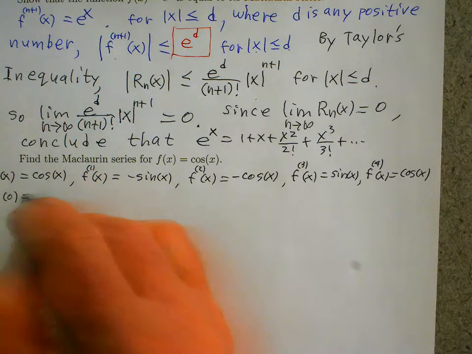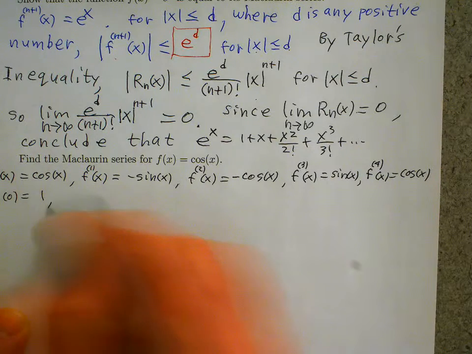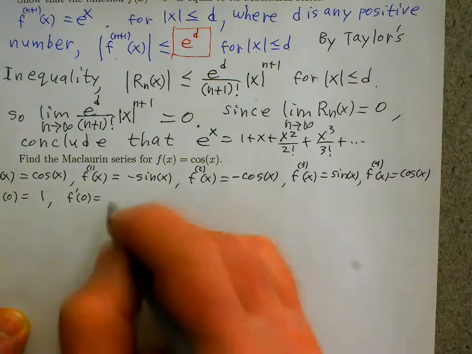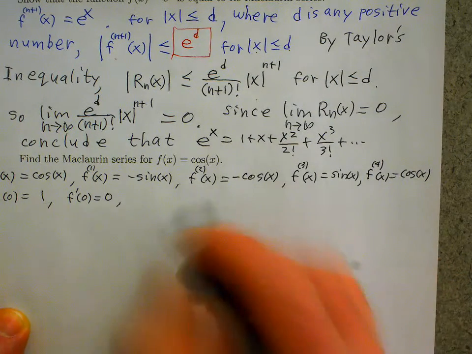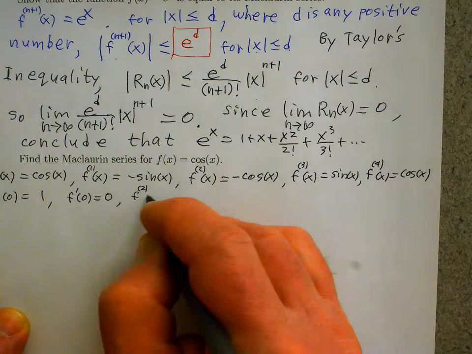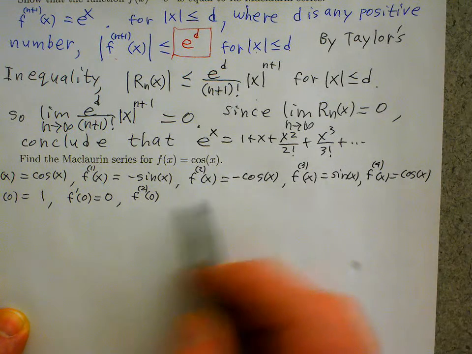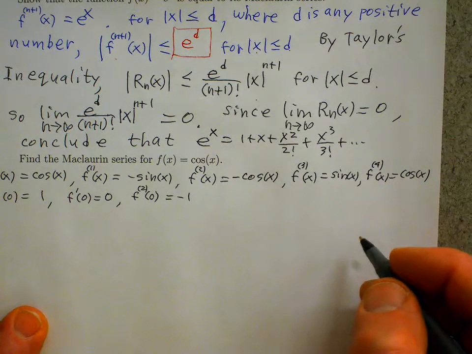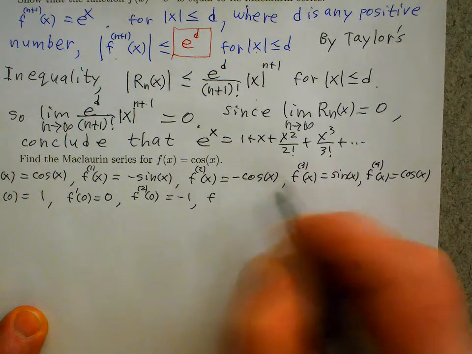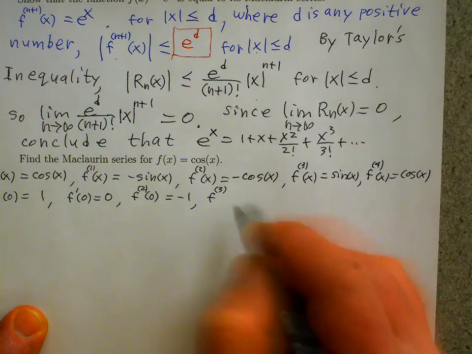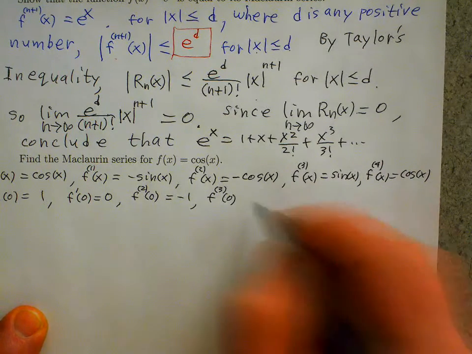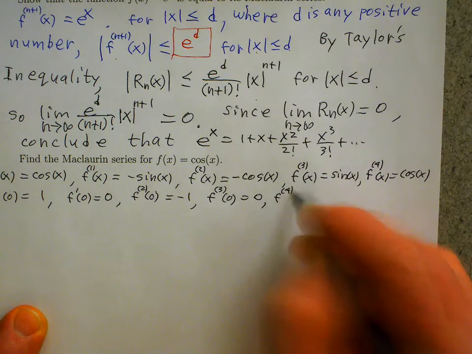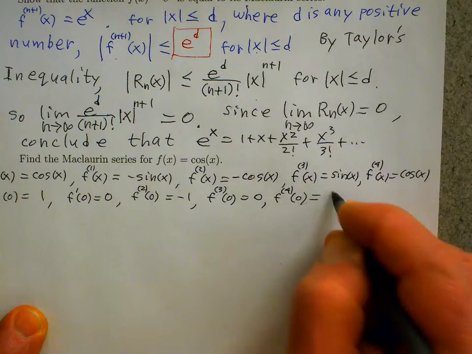So f of 0 is cosine of 0, which is 1. F prime of 0, negative sine of 0 is 0. The second derivative of f evaluated at 0, negative cosine of 0 is -1. The third derivative of f evaluated at 0 is sine of 0, which is 0. And then the fourth derivative, evaluated at 0, we're back to 1 again.